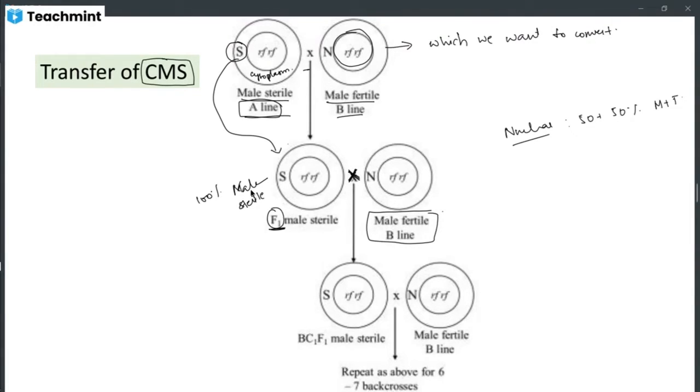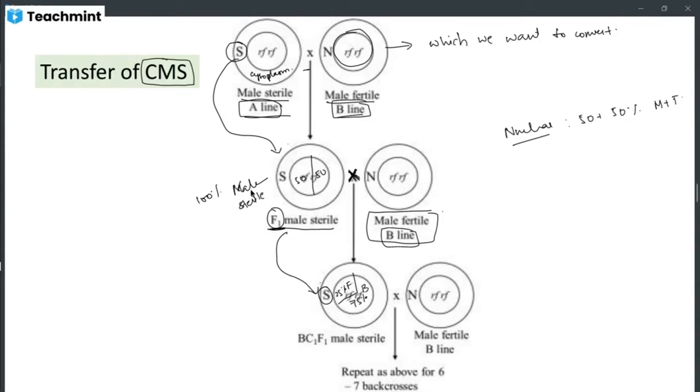So in your F1, it will be 50% from the male and 50% from the female. When you again cross your F1 with the male fertile, that is your B line, the line which you need to convert into a CMS line, what will happen? 75% of the nuclear status will be from the B line, and 25% from the female line, and the cytoplasm will always be from the female parent.